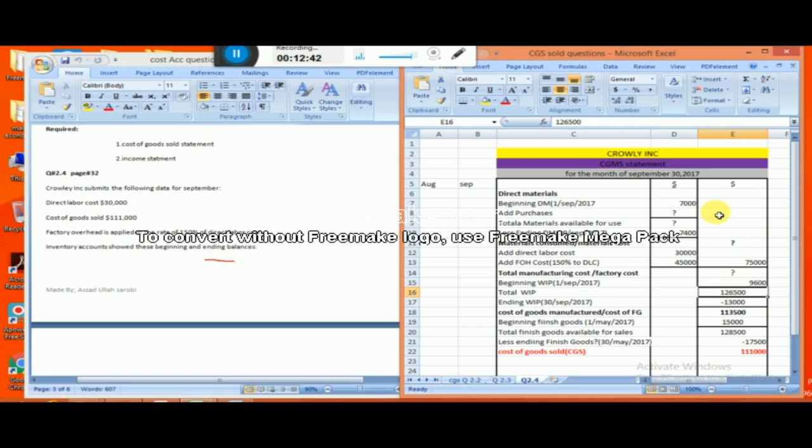What will be the answer? 1,26,500 minus 9,600 is equal to 1,16,900. This is our answer. Here we find out the total manufacturing cost. That is how much?